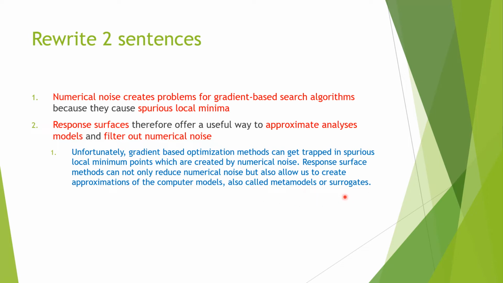Here I put in something which I have learned from some different place, that certain concepts called meta models and surrogates are being created. This is my new input to the problem, and I have also generalized this fact to computer models in general. So again, this is just a rewriting of these two sentences.